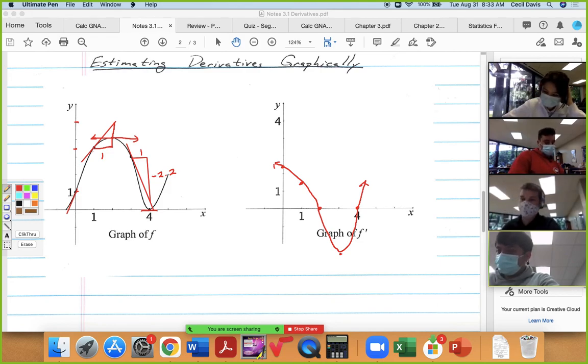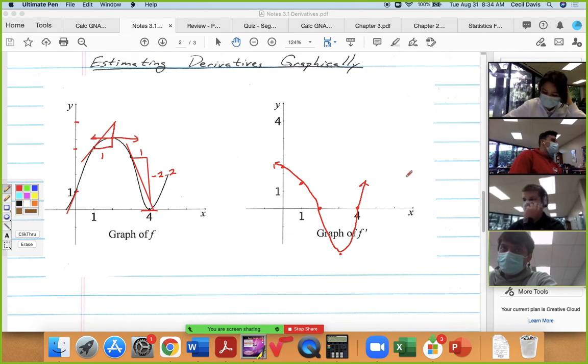If I'm grading those, the only thing I'm looking for is relative height. About how high does this go? If you had it going up to 3, I wouldn't count off for that. Or if you had this one going down to negative 3, I wouldn't count off for that. And is it 0 in the correct places? Is it negative throughout this region, positive throughout this region, and positive again over here?